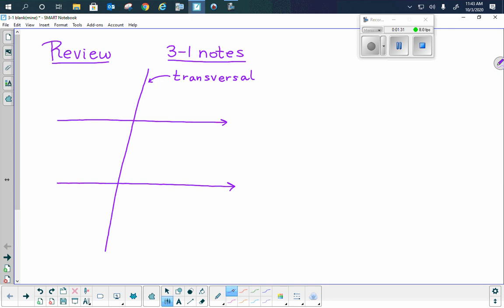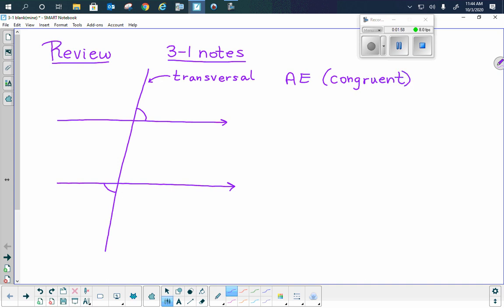Okay, so first one that we did was AE, alternate exterior angles. Okay, alternate exterior, no real shortcut. You're just going to have to know these. So I'll give you one example. This one and this one that I just marked in purple are alternate exterior, and because the lines are parallel, they are congruent to each other, which means equal.